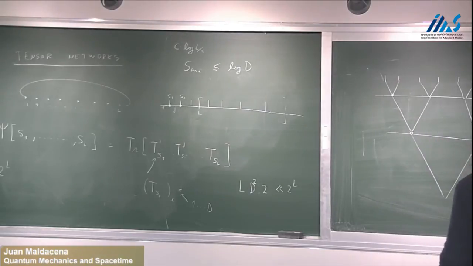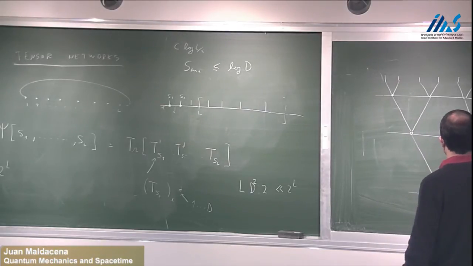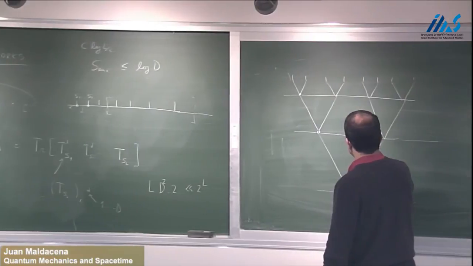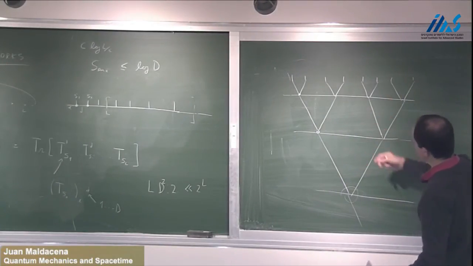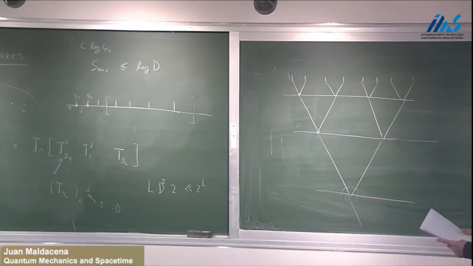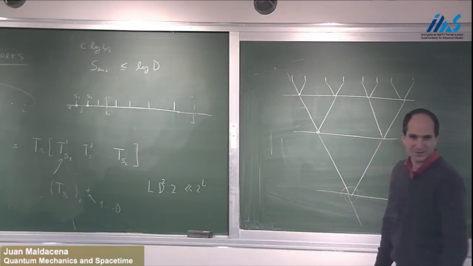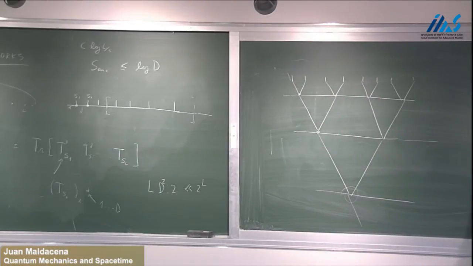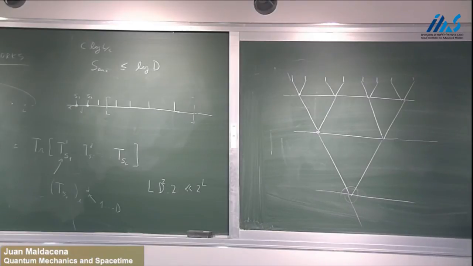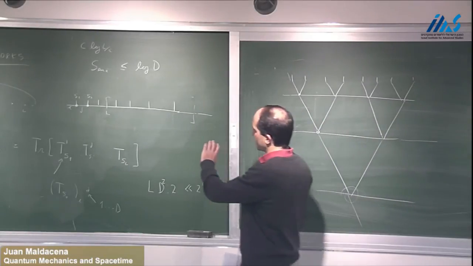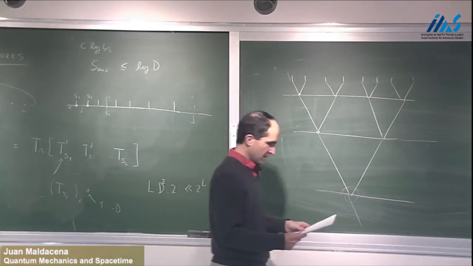Once you get deep inside this network, all you have are these 5 index tensors. And if you look at this picture long enough, you can realize, and Brian Swingle realized, that it looks very much like those Escher pictures of AdS space. And by the way, people find that using this type of tensor networks, you get a good description for the ground state of these systems.